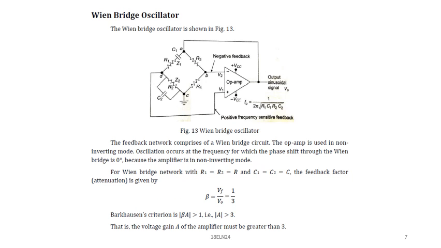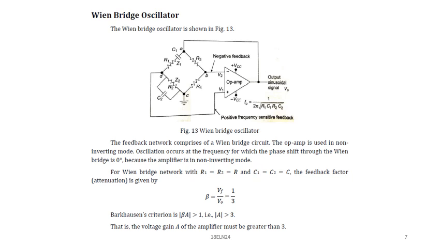The second circuit I will discuss is the Wien-Bridge oscillator. The Wien-Bridge oscillator is shown in the figure. So this is a circuit diagram for the Wien-Bridge oscillator. And the Wien-Bridge oscillator is also an RC oscillator. And here the name Wien-Bridge is because we connect the circuit in a bridge fashion, and then we balance the bridge.